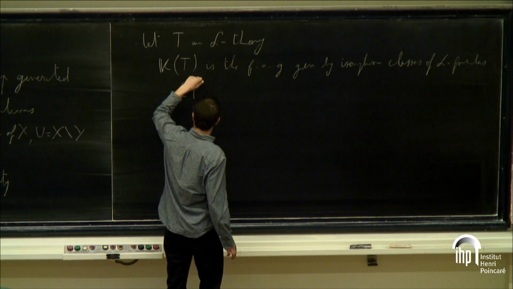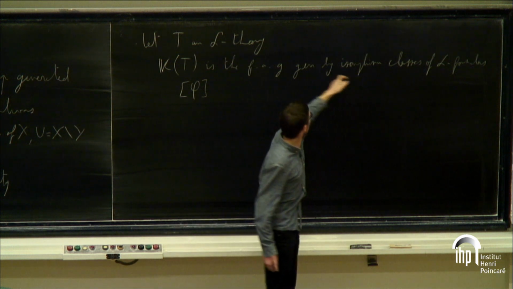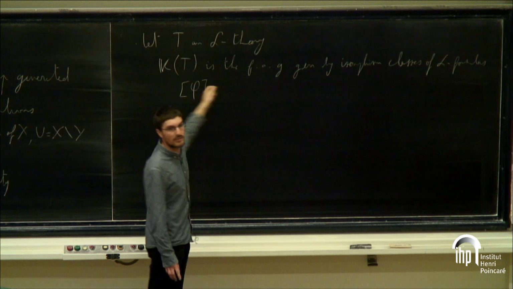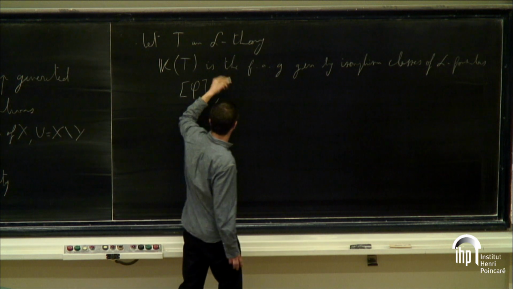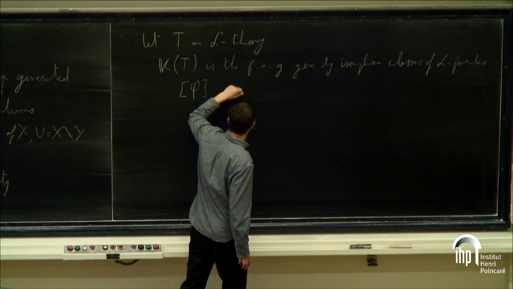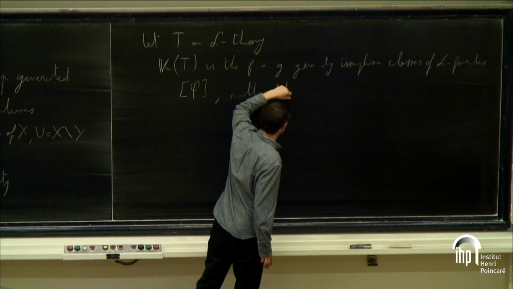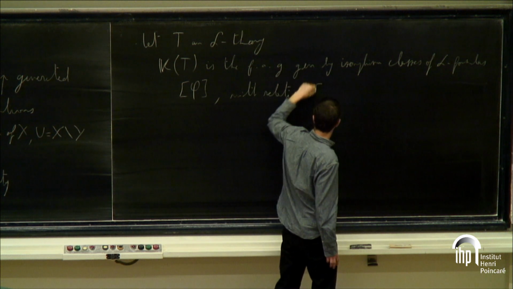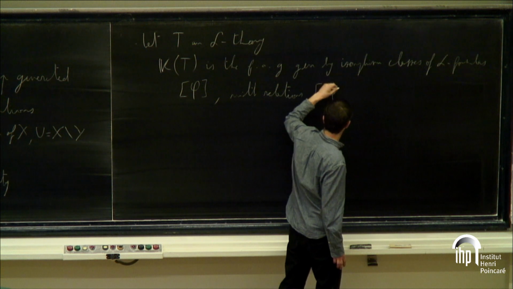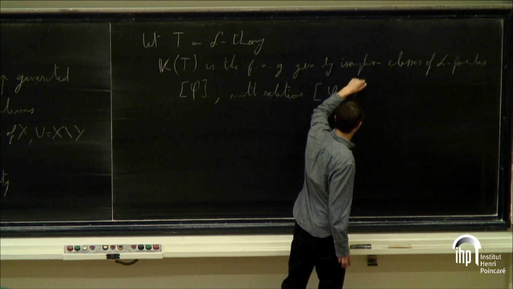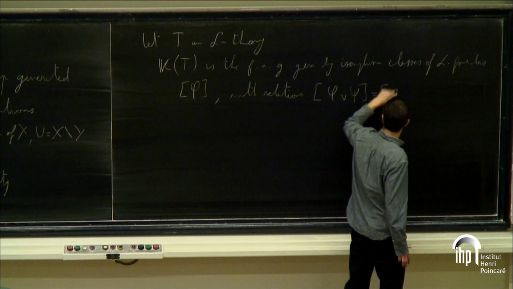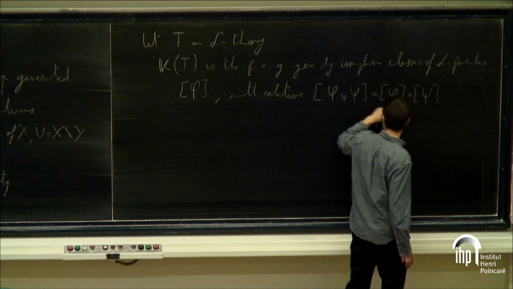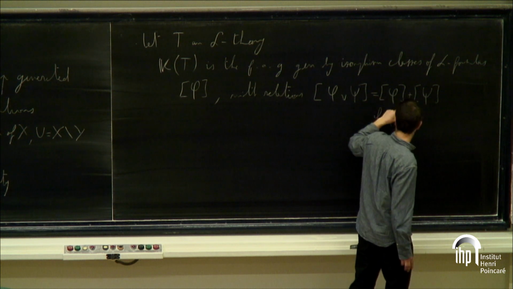I denote by [phi] the class of phi. By isomorphism, I mean just that if T proves that phi is isomorphic to psi, then the class of phi is equal to the class of psi. And I put some relations: the class of phi or psi is the sum of the two classes, provided that the intersection is empty.